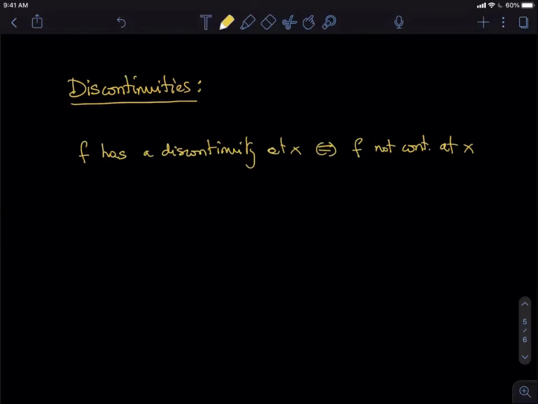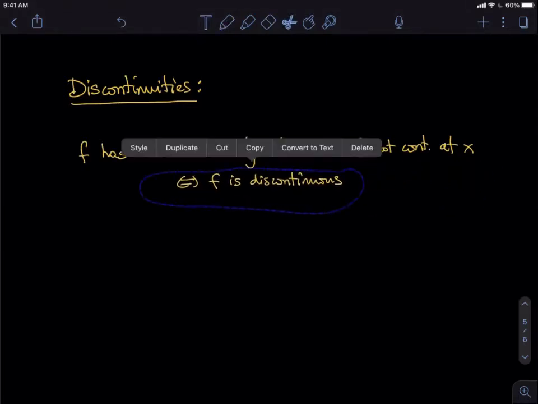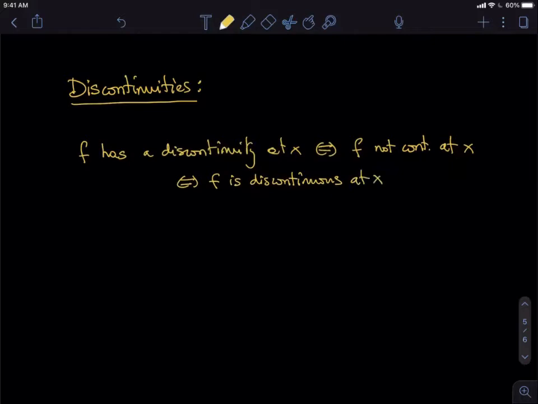We can also say that f is discontinuous at x. These are three ways of saying the same thing; these are equivalent expressions. But what does it mean?